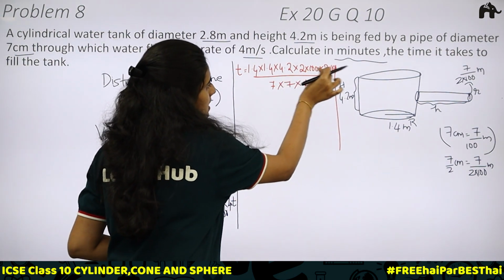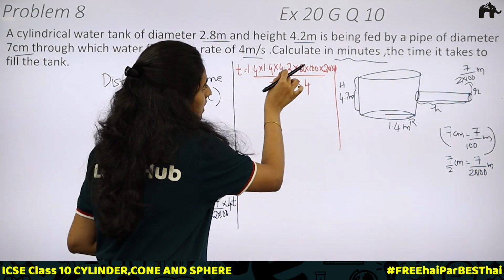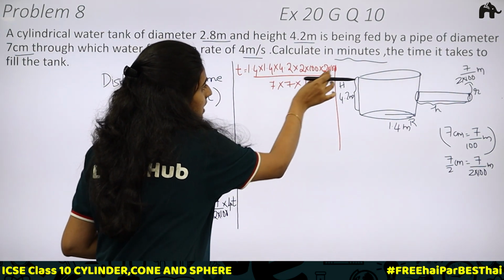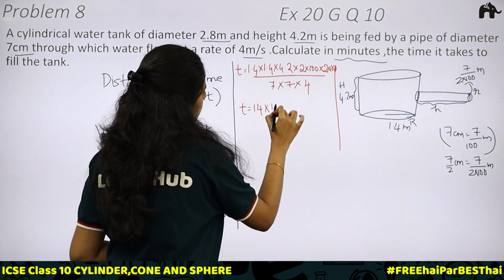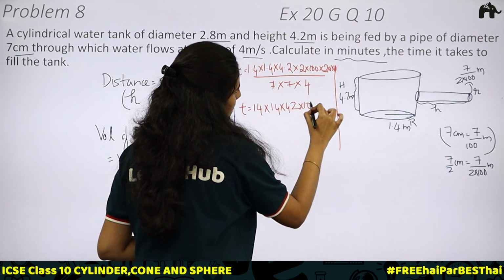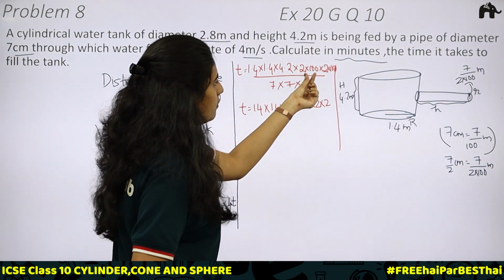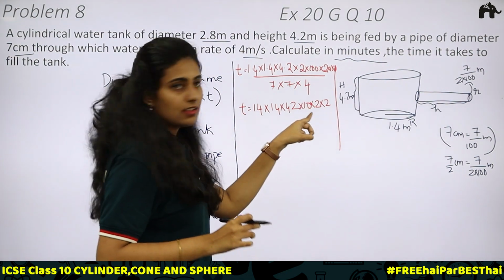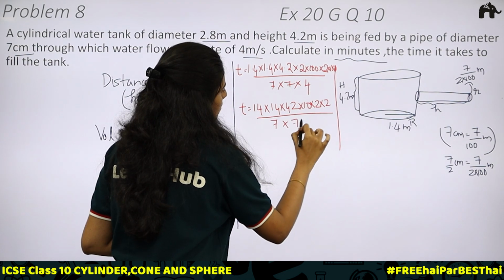Now, using this hundreds, we can remove the decimals. We have 4 decimal places. We have 3 decimal places to remove, and after that a 10 will be remaining. So, t will be equal to 14 into 14 into 42 into 10 into 2 into 2. Okay. Here we have 4 zeros which helps to remove 3 decimals, and the remaining 10 I have multiplied here. Denominator 7 into 7 into 4.